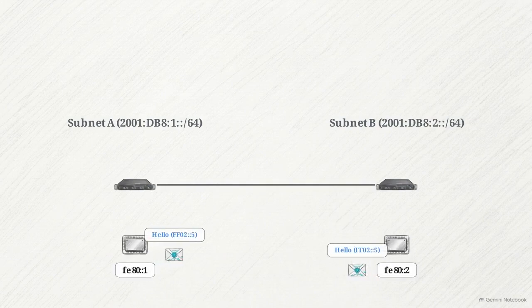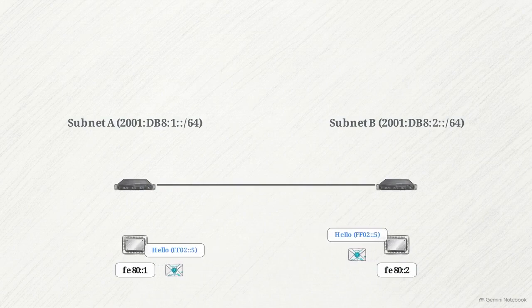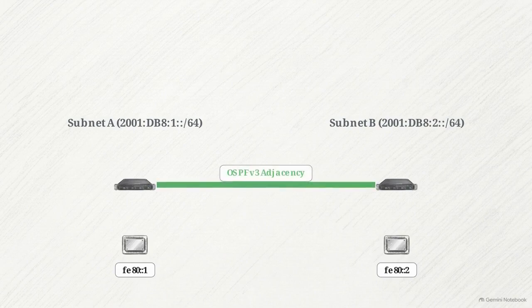The routers immediately begin exchanging hello packets strictly between these two link local addresses, using the multicast address FF02::5. A successful adjacency forms across the physical wire, despite the fact that their global unicast subnets are completely incompatible. This succeeds because OSPF-v3's neighbor adjacency logic has been decoupled from global IPv6 addressing. The routers only care that they share a physical link.